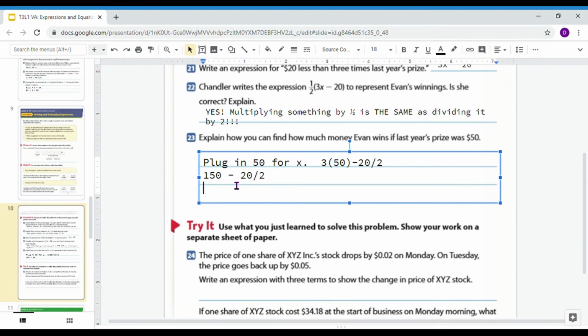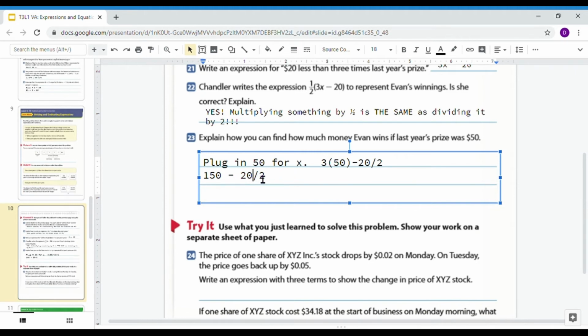It's kind of hard to write this because, looking at it on my screen, it looks like my next step would be doing 20 divided by 2, because when I think of order of operations, I think multiplication and division before addition and subtraction.